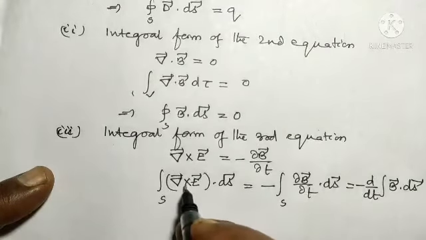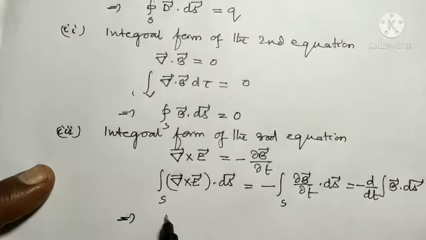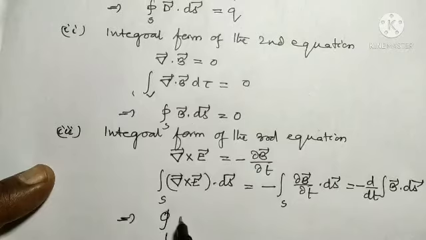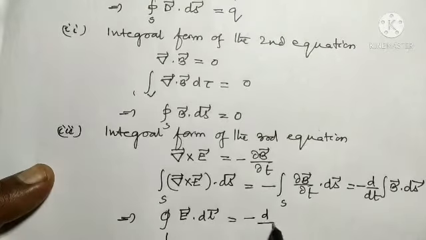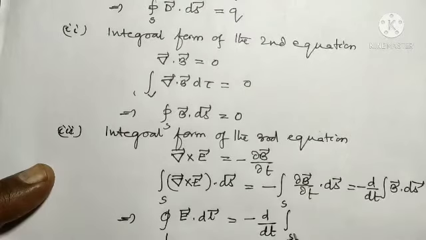The left hand side can be converted to a line integral by using Stokes theorem. So this implies line integral of electric field intensity is equal to minus d by dt of surface integral of B.